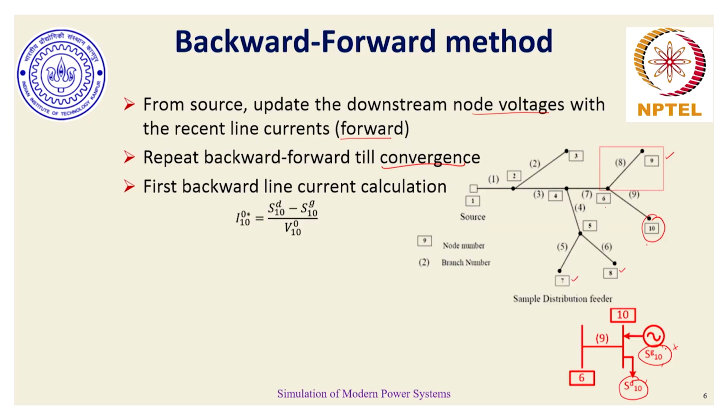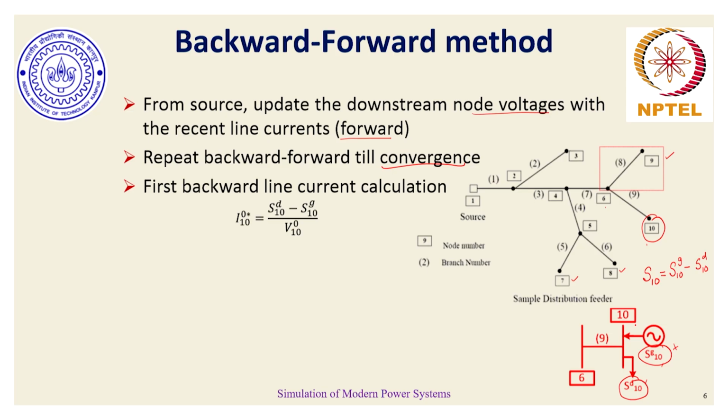So assuming that we know these demands and generations from the forecasting exercise or economics exercise, what is the corresponding injection at bus number 10? The injection at bus 10, S10, is essentially S10G minus S10D. What is the direction of this flow of injection?